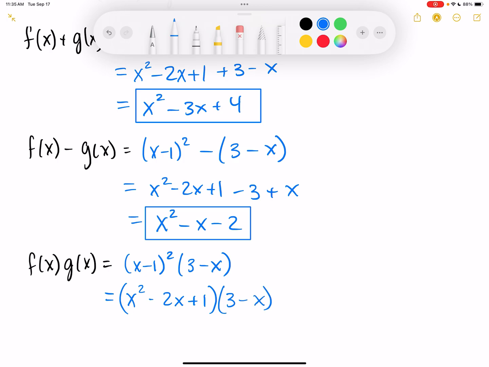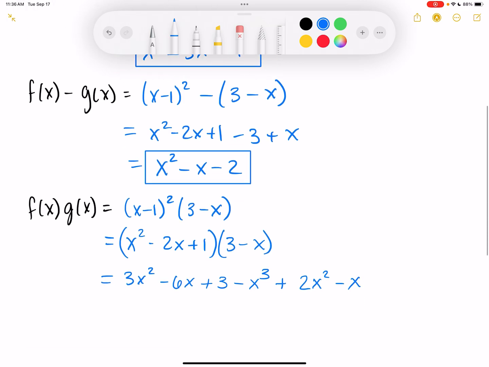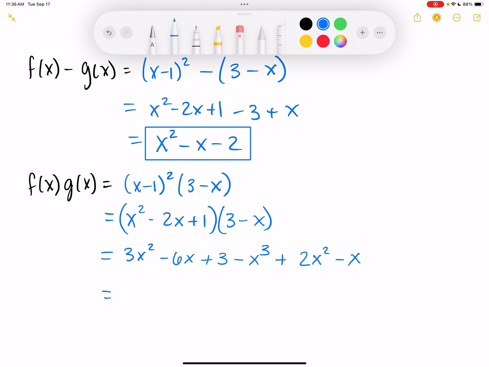And what does that give me? 3x squared minus 6x plus 3, minus x cubed plus 2x squared minus x. So then, in the correct order, negative x cubed plus 5x squared minus 7x plus 3.